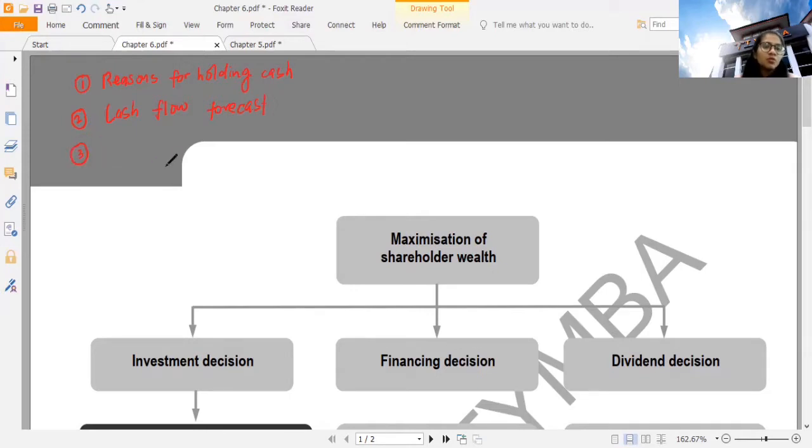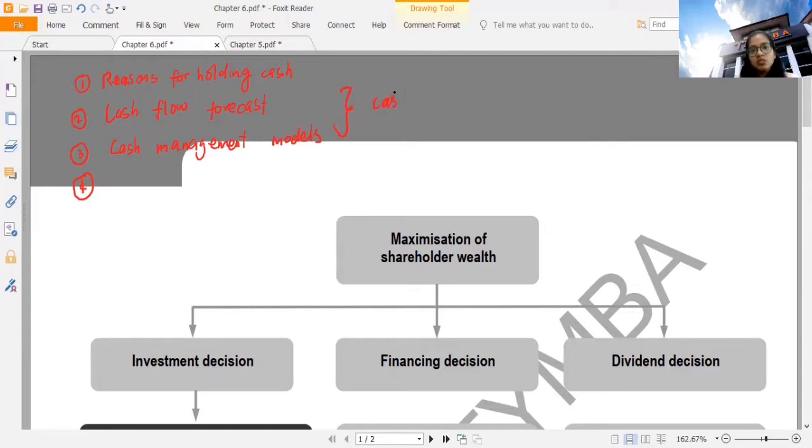Number three, we will talk about cash management models. And number four, we will talk about cash surplus. Maybe I don't write it here because actually cash surplus and cash deficit will be part of number two and number three.